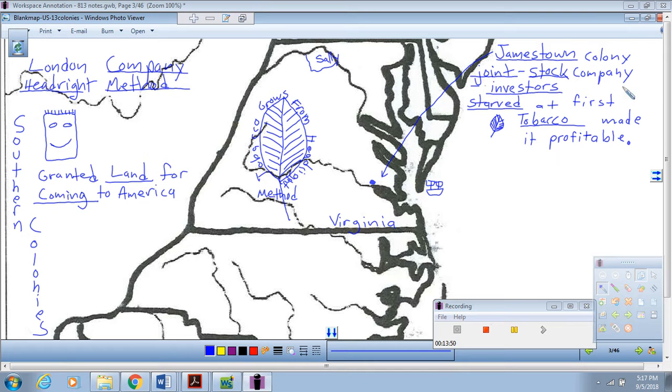And Sally says, "Hey, Bill, don't you worry. I'll pay your passage over here, and you could work for me." Well, what Sally isn't telling Bill is that by bringing Bill over here, she is entitled to another section of land. So when she brings Bill over here, she doubles her land, and she gets a worker.